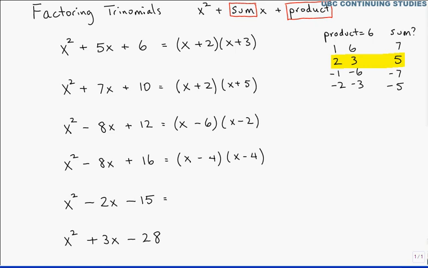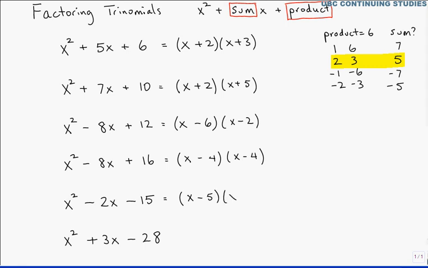Okay, now we have negative products. That means one of the numbers is going to be negative. One of the numbers is going to be positive. So for negative 15, there's only a couple of pairs that are going to work here. 1 and 15, with one being negative, the other positive. Or 3 and 5, with one being negative, the other positive. Obviously, it's 3 and 5, but here you've got to be really careful to get the negative on the right one.